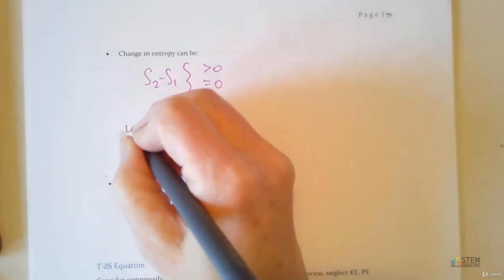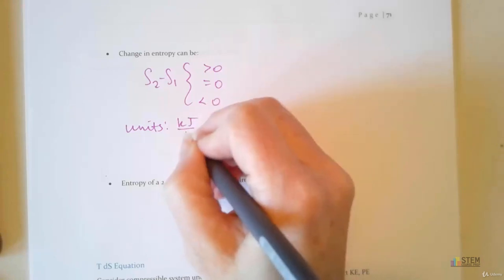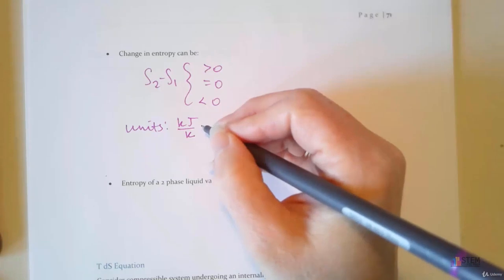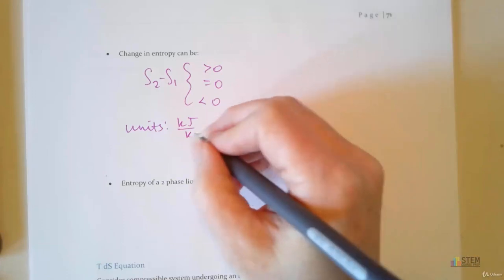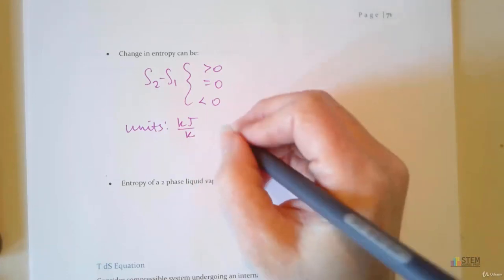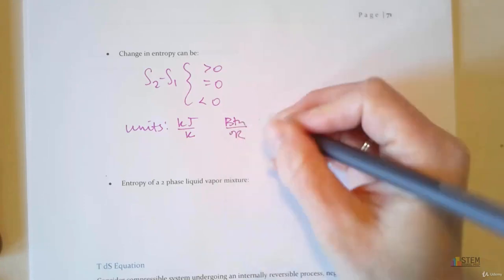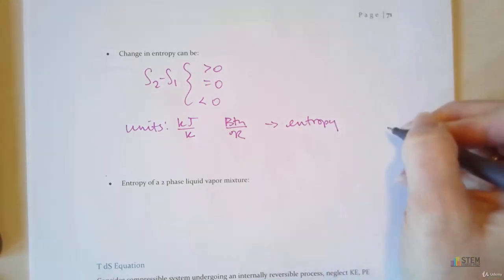And our units are going to be kilojoules per Kelvin, and that makes sense. If you look at the equation, we had delta Q over T. Q is in kilojoules, T is kelvins. This is the SI system. English system, you'll usually have BTU per degree Rankine. And this is for regular old entropy.